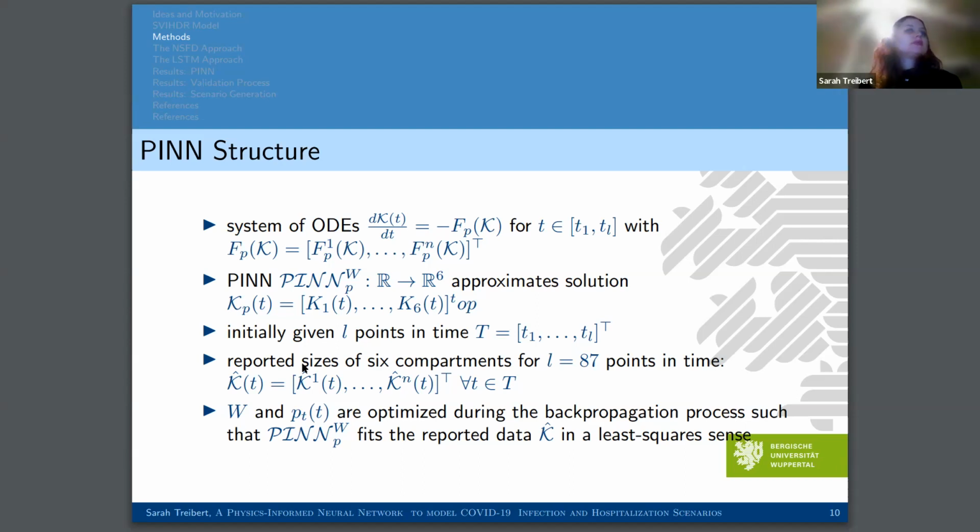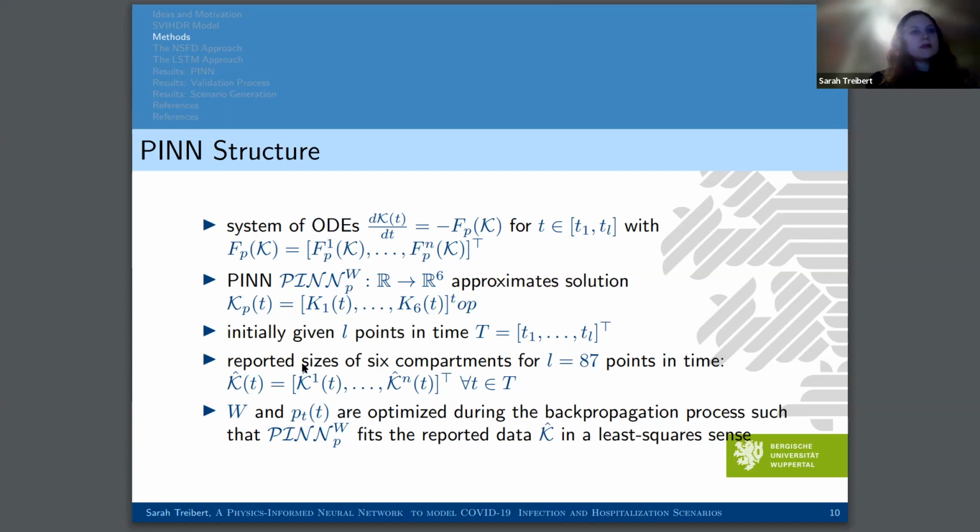Okay, so then we use this PINN to approximate the solution K_p(t), where K_p stands for the compartment sizes and p again for the model parameters. Moreover, K hat stands for the reported data of compartment sizes. We're initially given 87 points in time, because we use March until November of the next year.